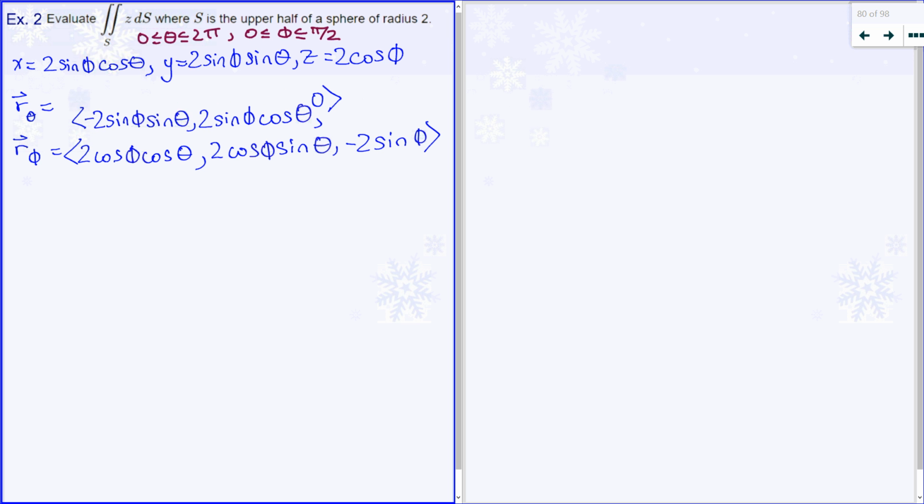Because you do so many cross products in this section, the way I've been dealing with it is I just line them up like this and put the i, j, k on top, as a shorthand cross product so I don't have to rewrite everything. It's up to you if you want to rewrite it as the matrix with the i, j, k, but I save a little room by doing it this way.